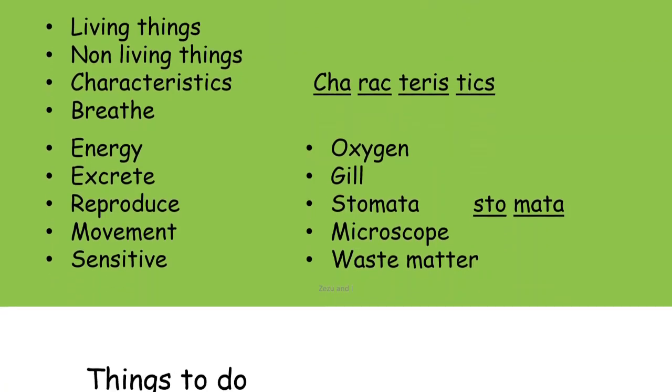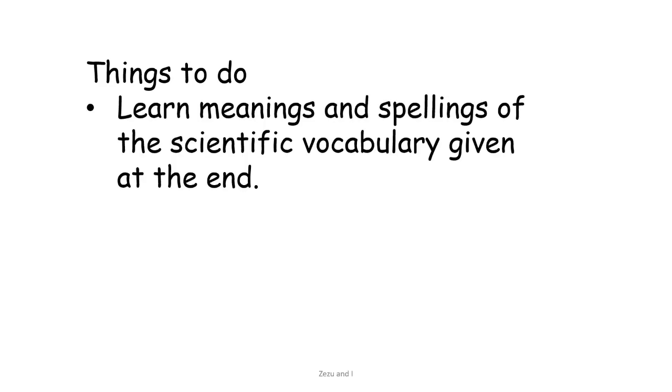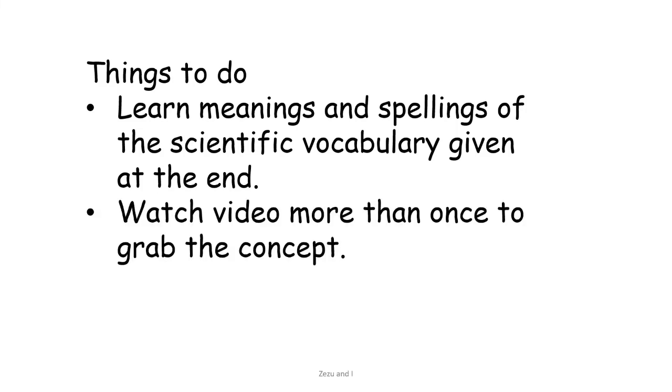Things to do from the lesson. Try to read the part we have learned so far. Learn the meanings and spellings of the scientific vocabulary given at the end. Make a list and try to figure out how these things work.